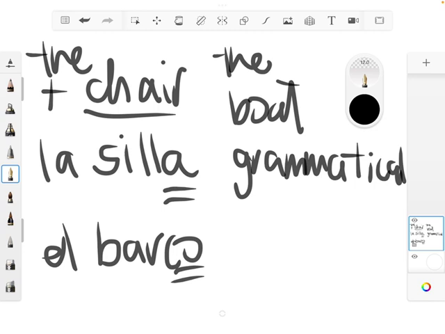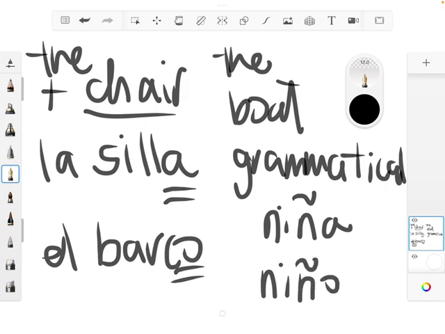So most nouns that refer to males are masculine, and most nouns that refer to females are feminine. So that would be like natural gender in the sense that for example, if you have the word niña and the word niño, right?